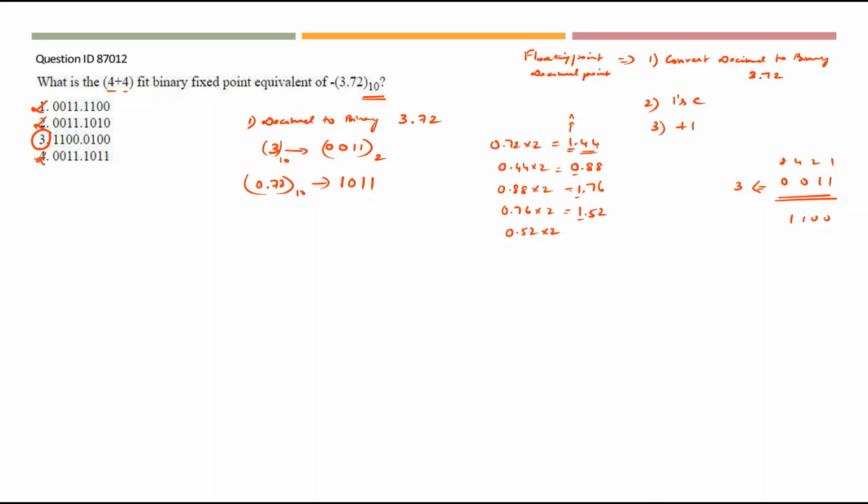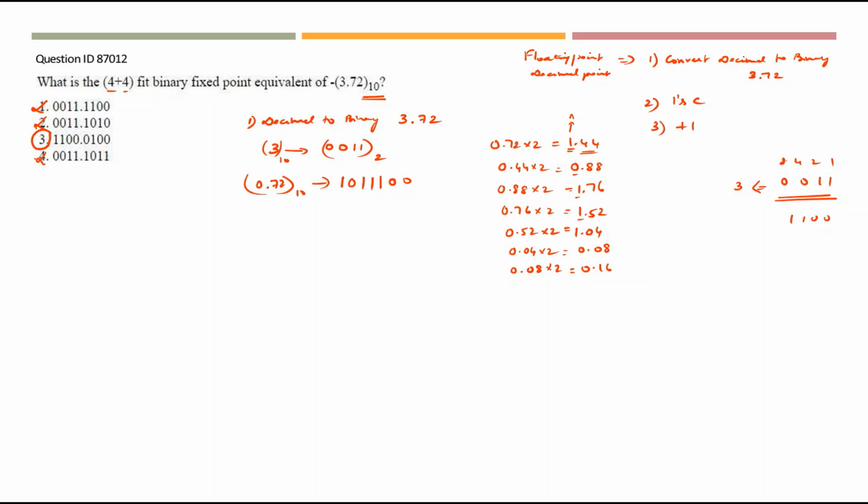Though they have asked for only 4 digits after the point, we'll go for 6 or 7 values. So 0.52 into 2 gives 1.04, again we have 1. 0.04 into 2 gives 0.08. 0.08 into 2 gives 0.16. So we have two zeros here. I think we can stop with this.